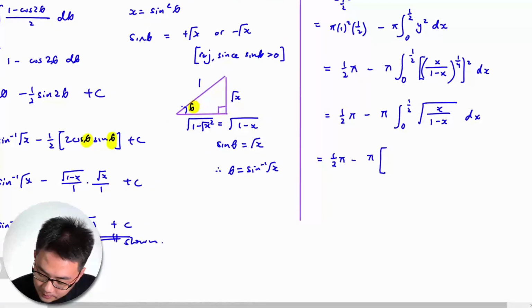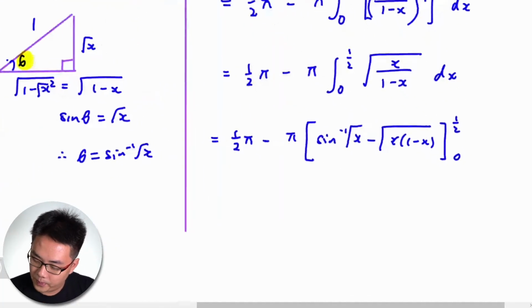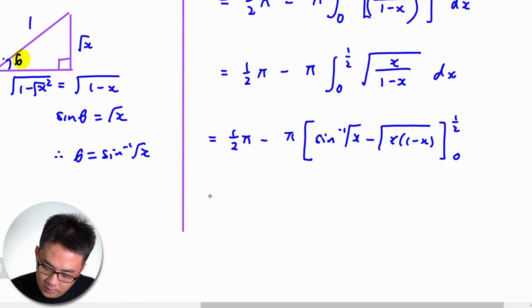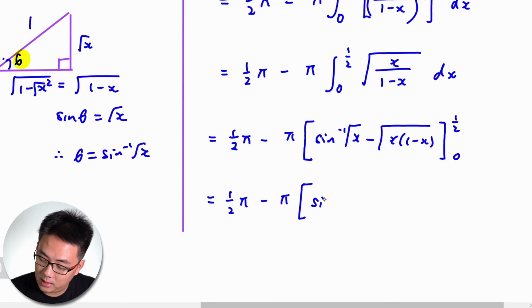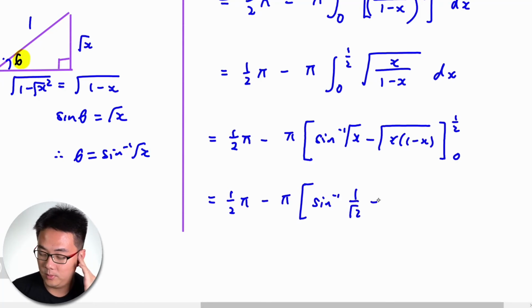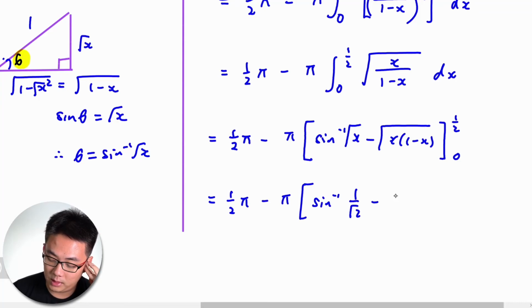So this is sine inverse x and minus x. We get this as half, 0. Okay, half and 0. So this would be actually half pi minus pi. This is sine inverse 1 over root 2. It's just a special angle. This would be half times half, which is 1/4, and 0 minus 0.